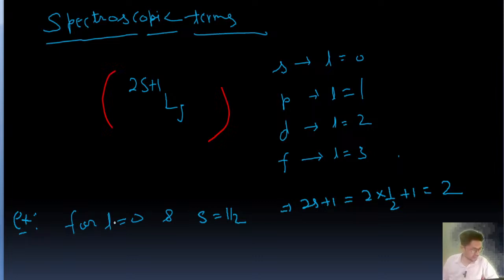And the J value is going to be L plus S, that is 0 plus 1 by 2, that is 1 by 2.